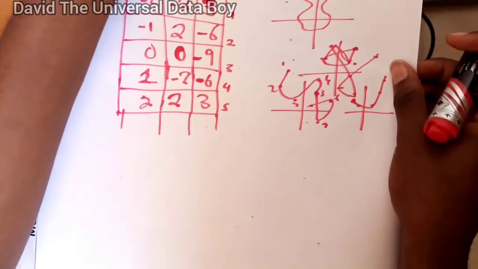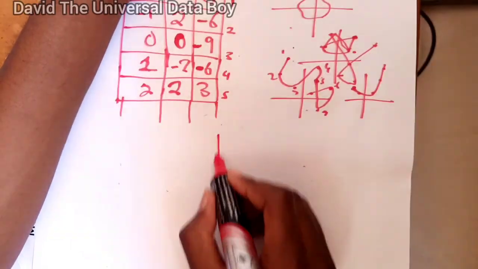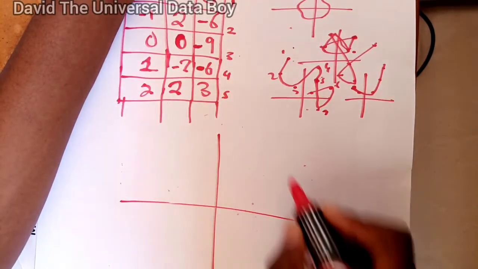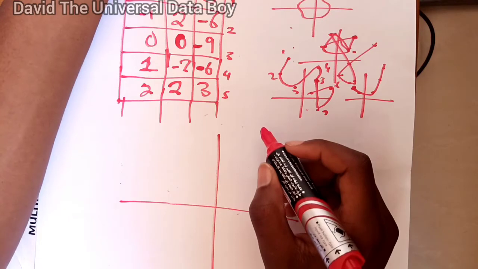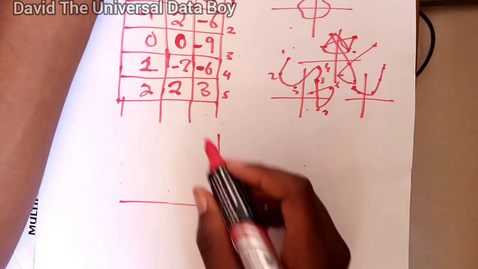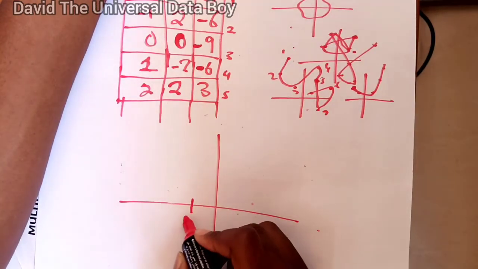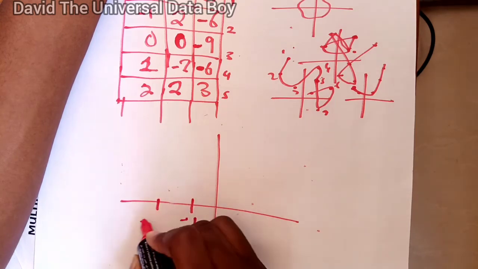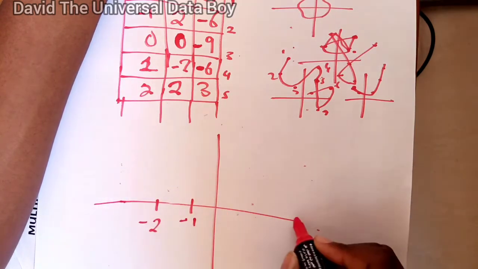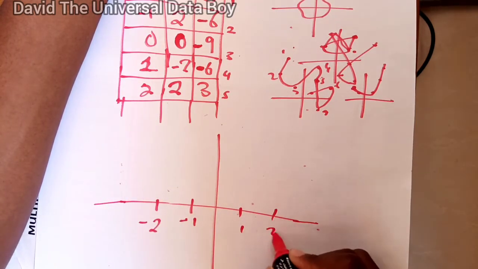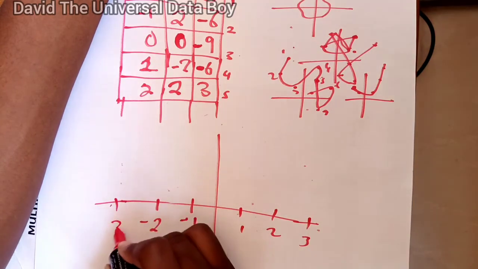So now we're going to sketch, and the main sketch here is our horizontal tangents. You must remember that. So then on x, we have -1, -2, 1, 2, 3. We can also add the 3 this side.